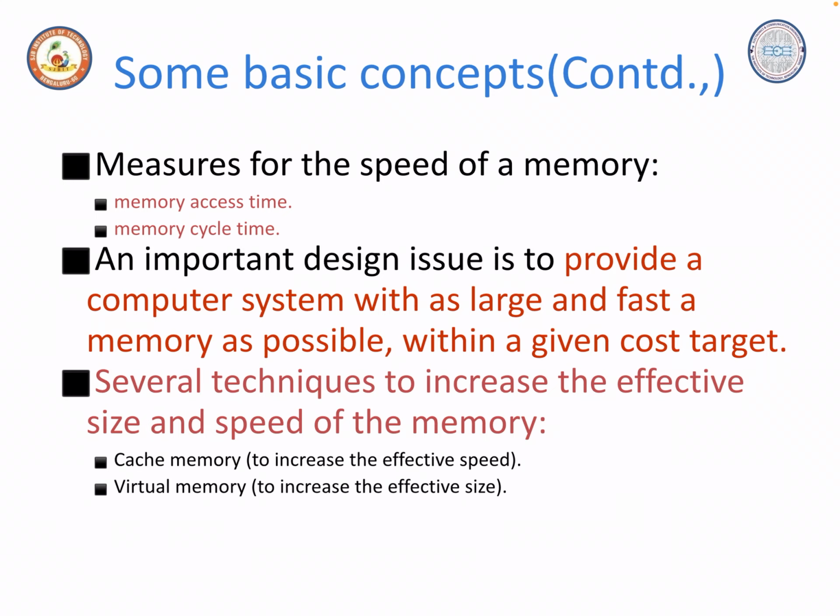Cycle time indicates the amount of data that you can transfer between the processor and the memory in one cycle. These two are the important measuring parameters for the speed.